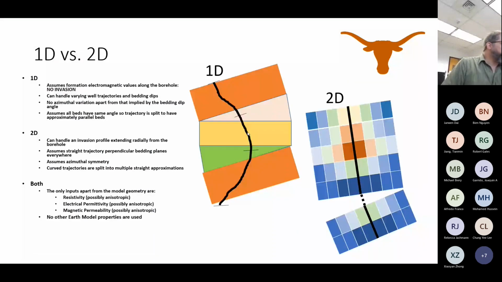All right, so just to review what we mean when we talk about 1D versus 2D resistivity. In 1D, we assume that all the resistivity and permeability changes along the borehole, but there is no invasion.